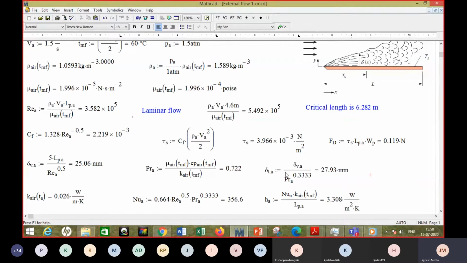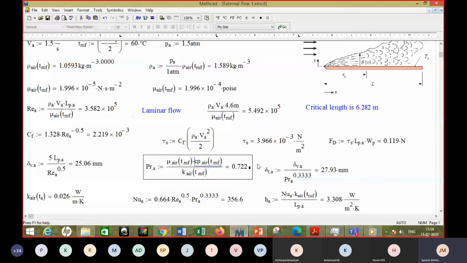Okay, so that's the thickness of the thermal boundary layer at the end of the plate, which is slightly higher than the thickness of the velocity boundary layer. This is around 28, while this is around 25, but they are very close to each other. This is because the Prandtl number has been evaluated here.